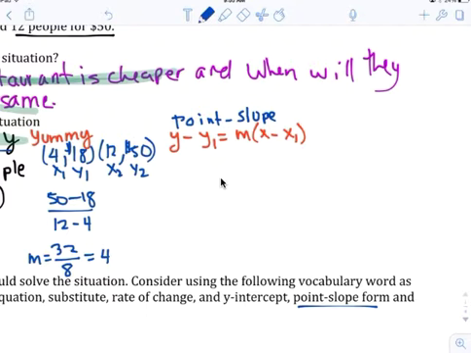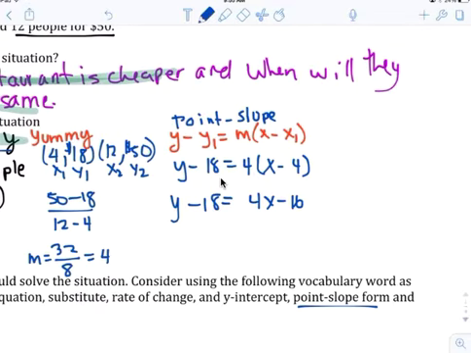You just substitute in your numbers: y minus y1, which is 18, equals 4 parentheses x minus 4. Then you distribute, and you want to solve it all the way. Most of you from here should know what to do. If not, you need to practice this correctly.